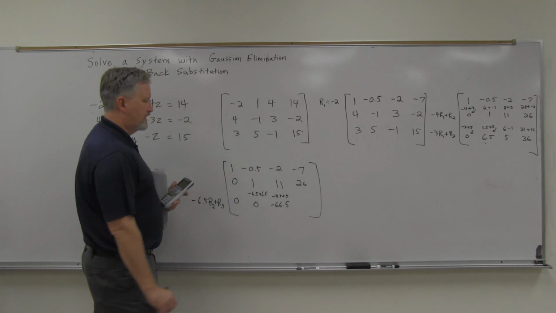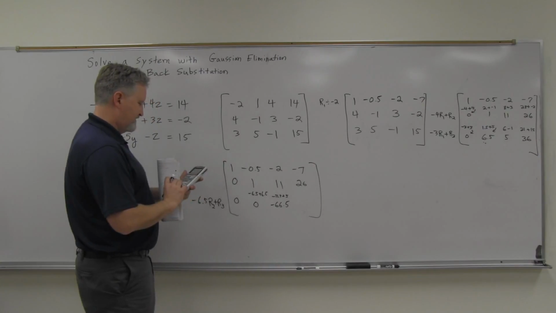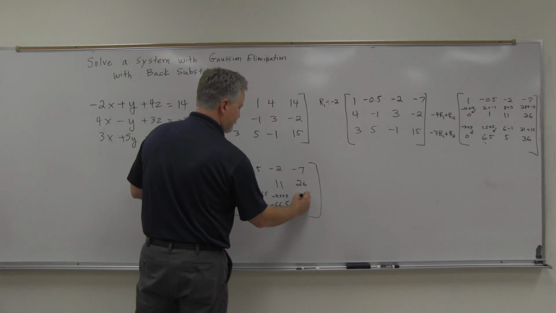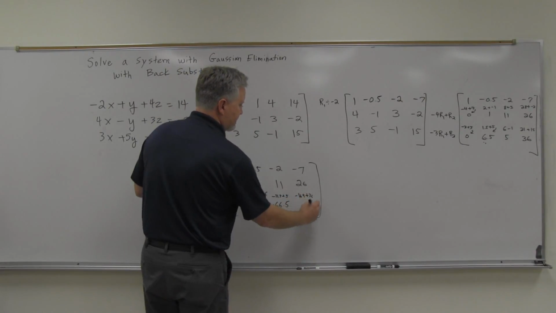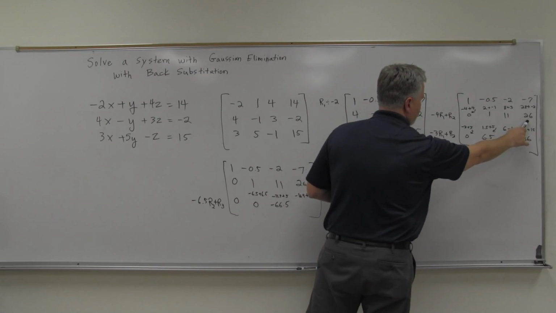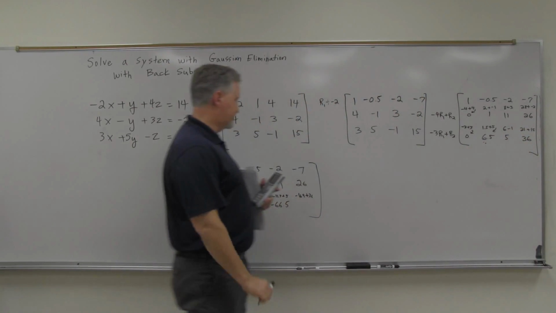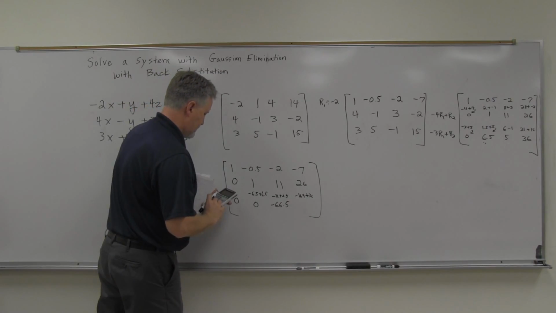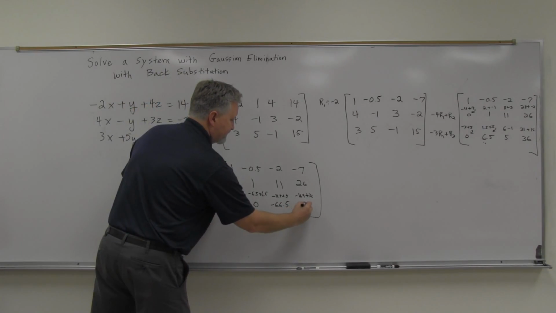Yes. And then negative 6.5 times 26, negative 169. Add that to the 36, so negative 6.5 times that, plus the 36. It's negative 133.